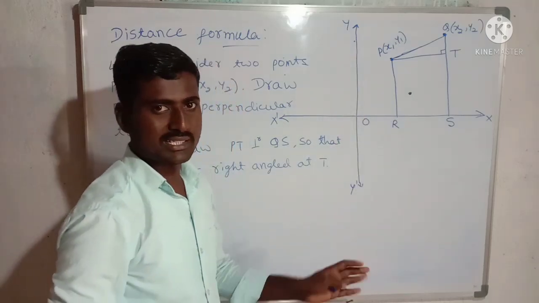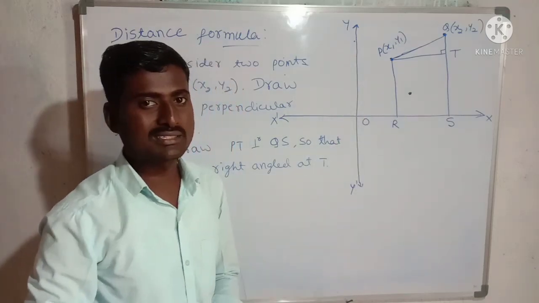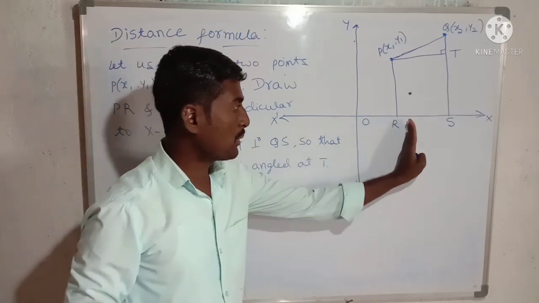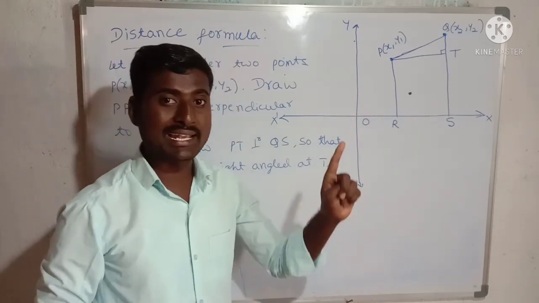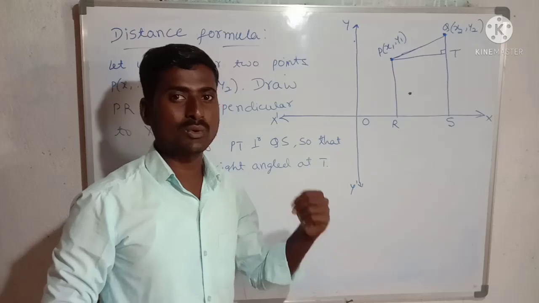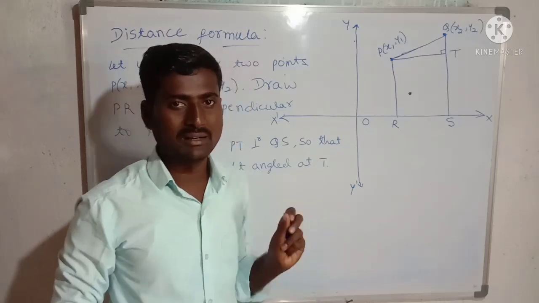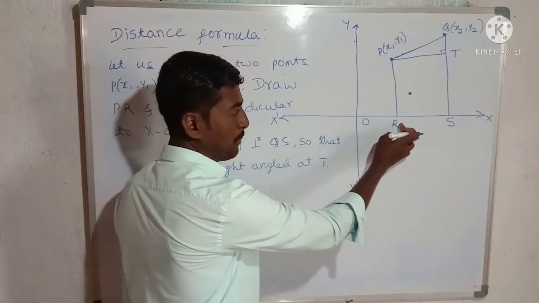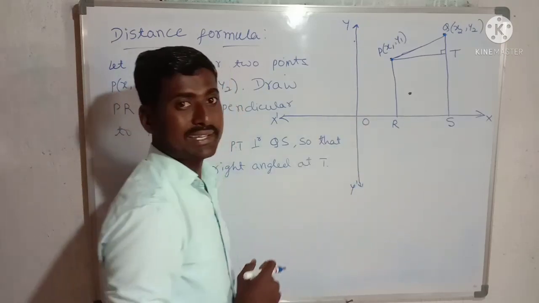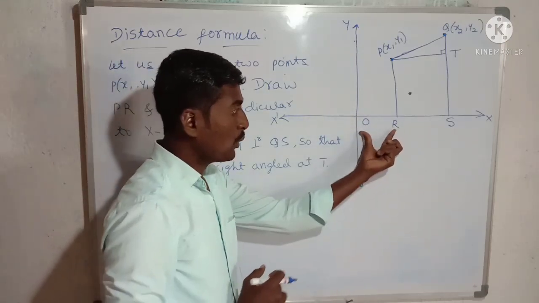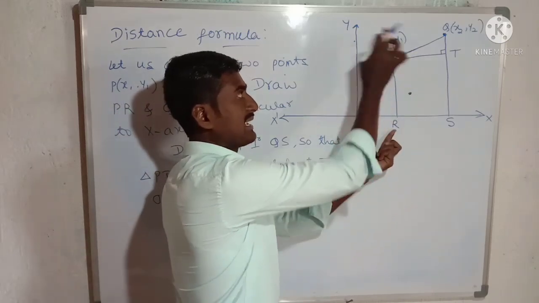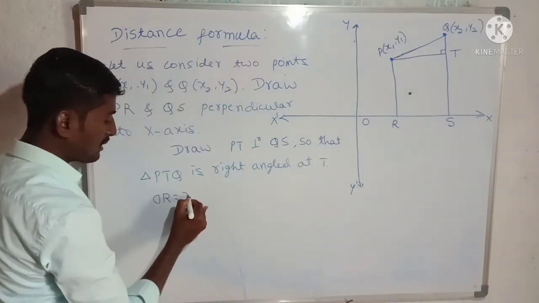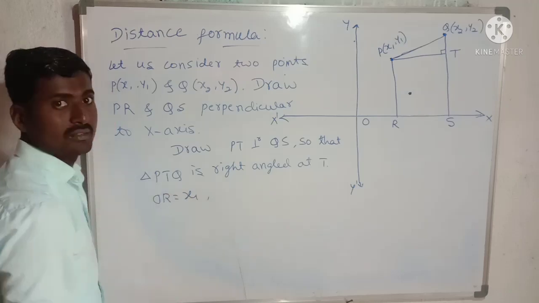Yesterday in the last class we said the distance of a point from the y-axis is nothing but the x coordinate. We can also say abscissa. Therefore, OR length is x1. So in place of OR I can write x1.